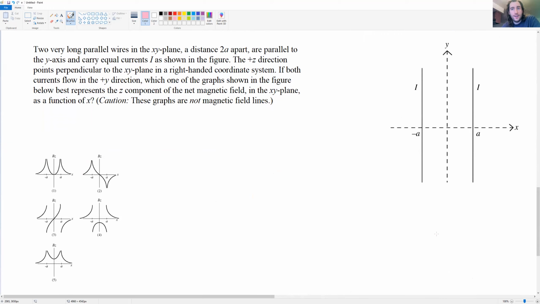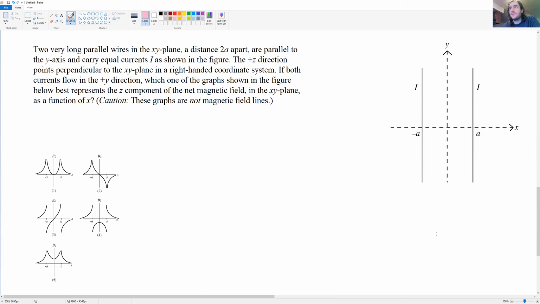And it looks like, just looking at the question without reading it, we're going to have to choose which of those figures is a correct plot of the magnetic field, right? So let's go ahead and read the question now. So two very long parallel wires in the XY plane, a distance 2a apart, are parallel to the y-axis and carry equal currents, I, as shown in the figure.